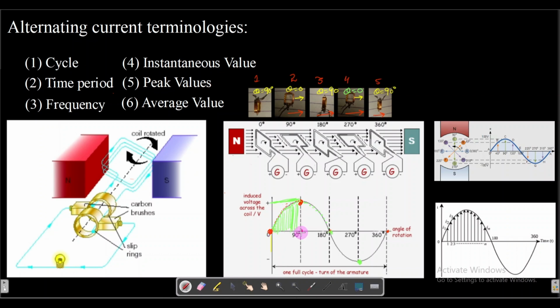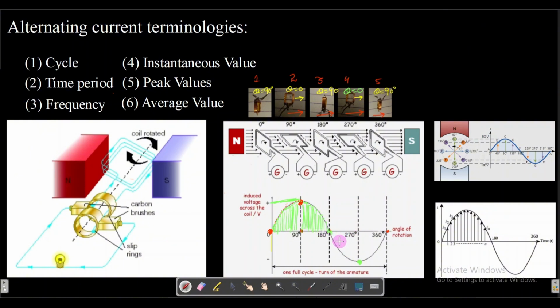From 0 to 90 degrees, for each degree the value of the EMF will be positive, and similarly it is decreasing up to here, but the value will still be positive for each degree from 90 to 180. So there will be about 90 lines which represent the magnitude of the induced EMF, and it will be a positive value.